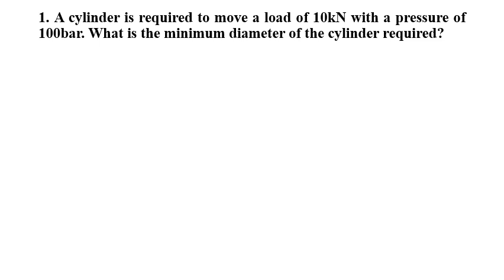Here the force given is 10 kilonewton, pressure 100 bar. Convert this bar into Newton per meter square, that is 1 bar equals 10 to the power of 5 Newton per meter square. And here, minimum diameter. So here area is the unknown factor.